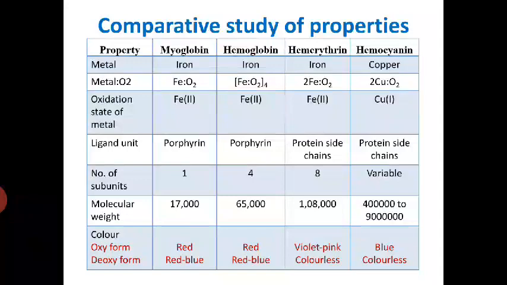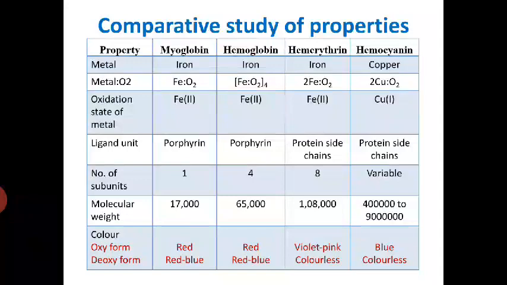Then ligand unit. Myoglobin and hemoglobin have porphyrin rings as chelated units as ligands, but in hemerythrin and hemocyanin, though their names contain heme, there is no prosthetic group or heme present in these respiratory pigments. The metal atom is directly attached to the nitrogen of amino acids.